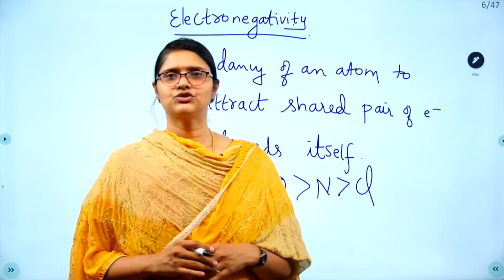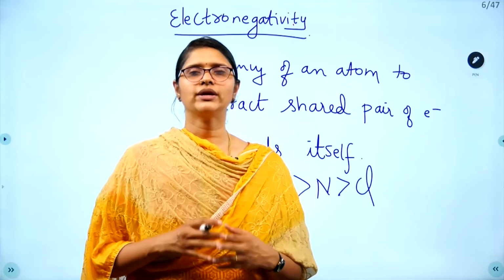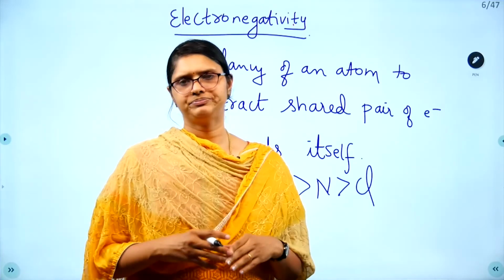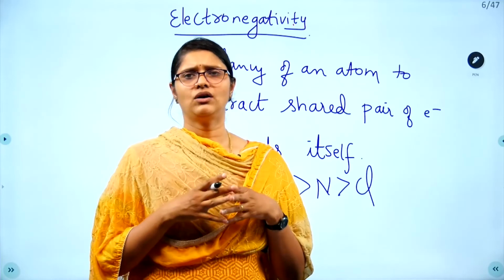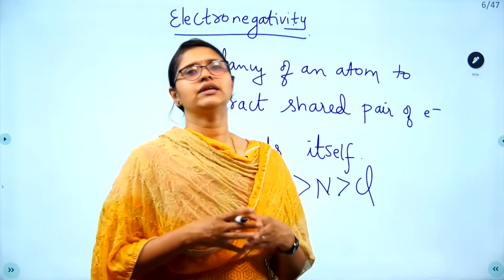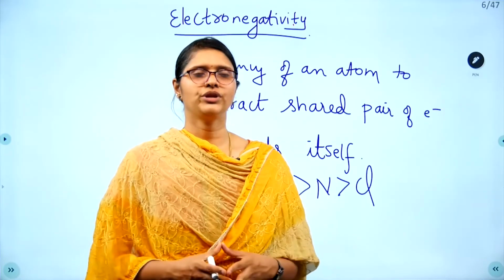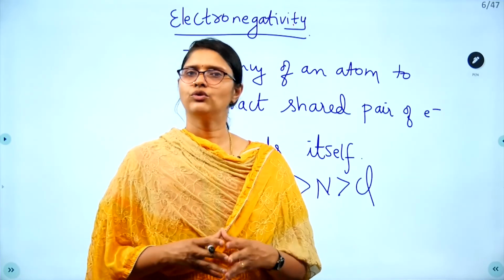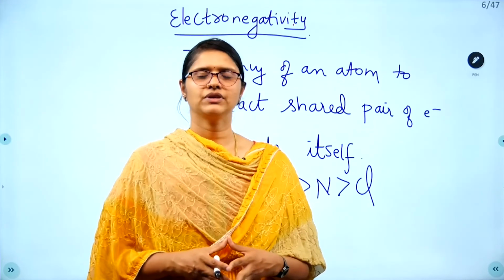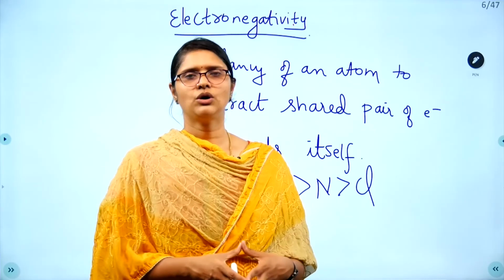So fluorine, oxygen, nitrogen. That is the reason why fluorine, oxygen and nitrogen get involved in hydrogen bonding, but not chlorine. Understood?